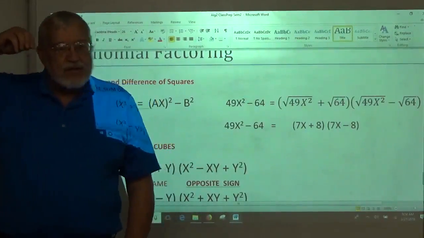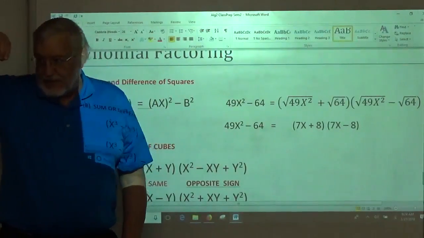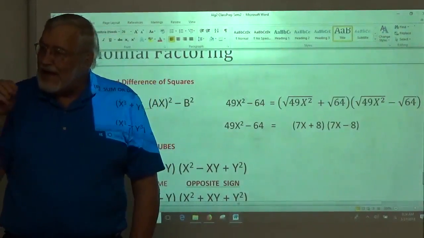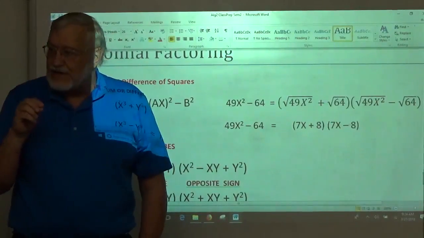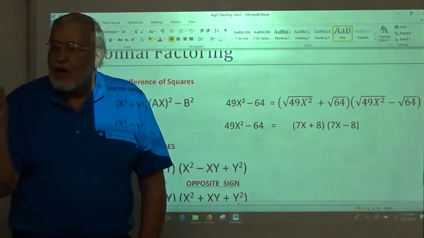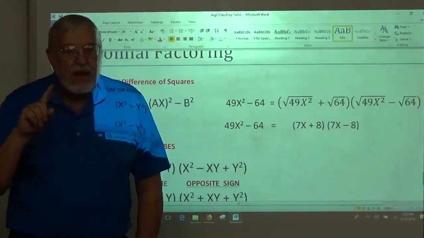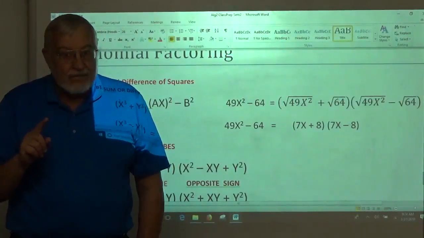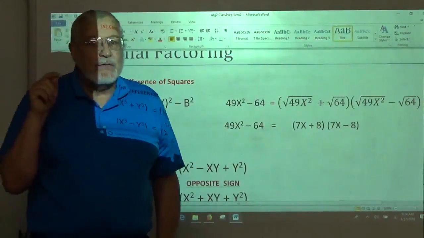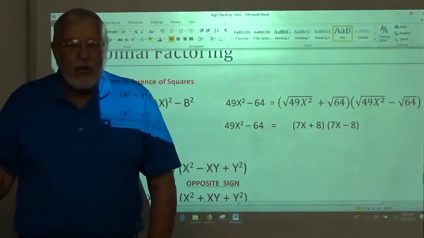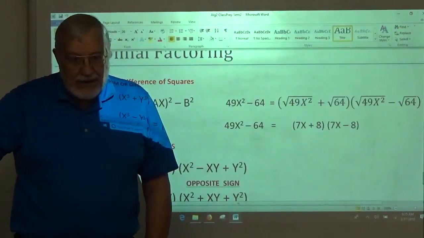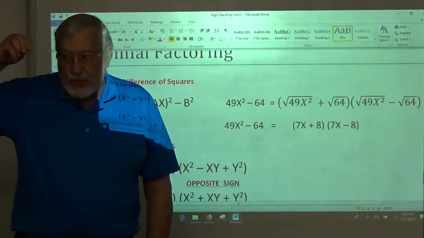Now, I'm working with a pre-calculus student, and one of the things that he has to be able to recognize is that there are always imaginary conjugates. All right, now think of this. When you do the quadratic formula, it's negative b plus or minus what?